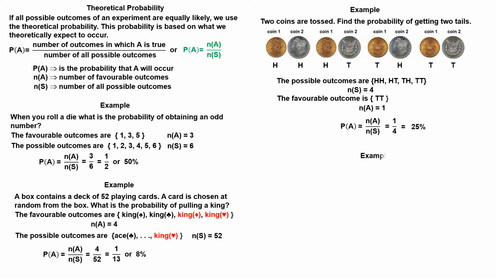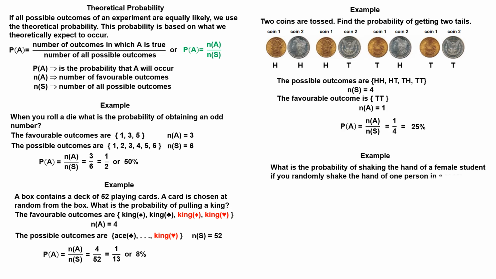Example: what's the probability of shaking the hand of a female student if you randomly shake the hand of one person in a room with 23 female students and 34 male students? The favorable outcomes are 23 female students.